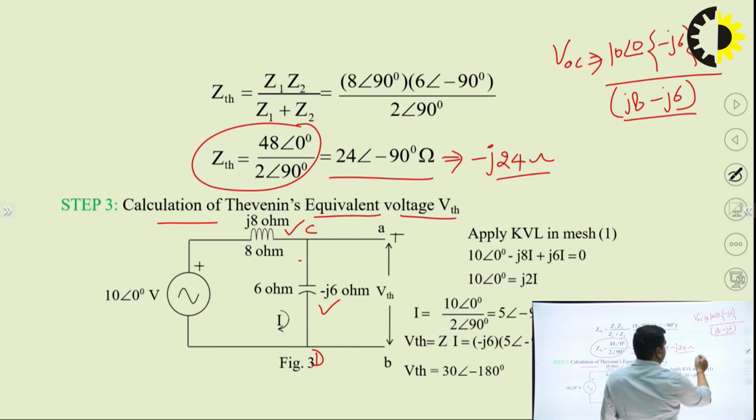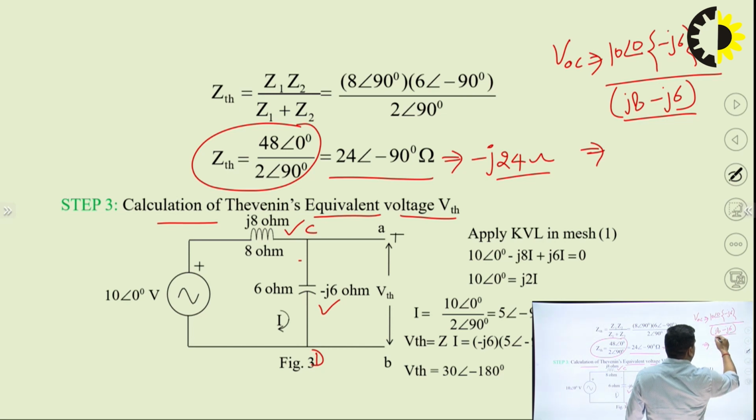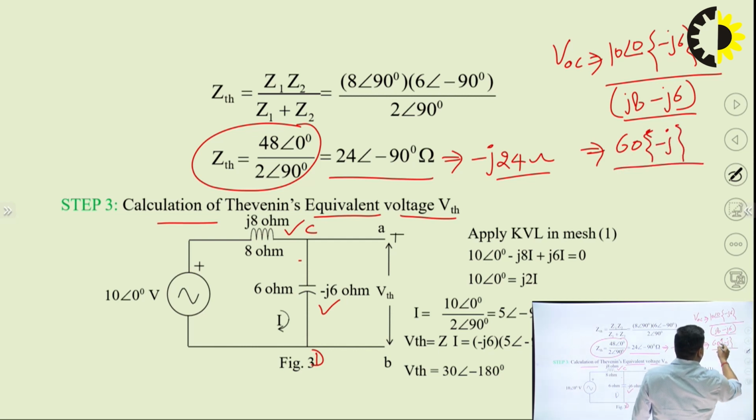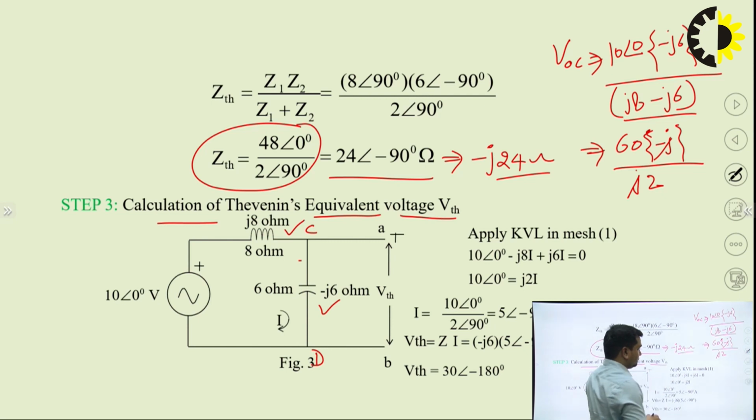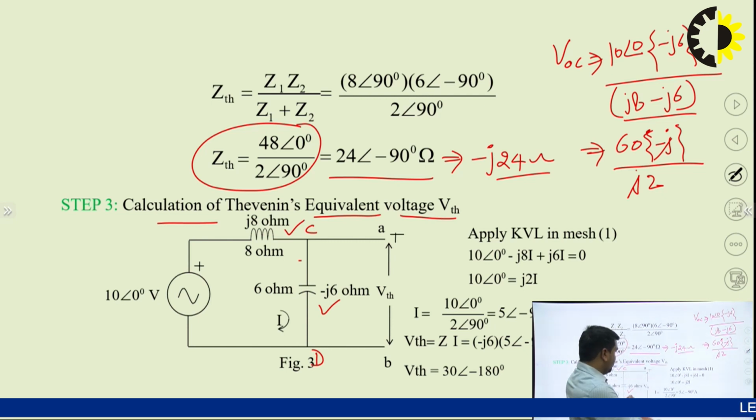So it becomes 10 into 6, 60, minus J60, divided by J2. J cancels.